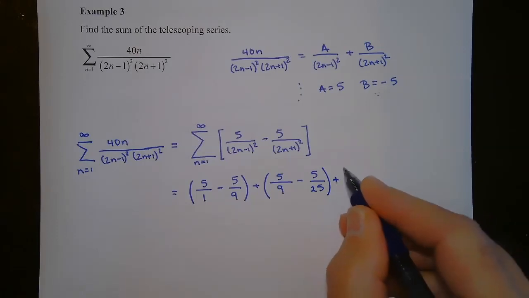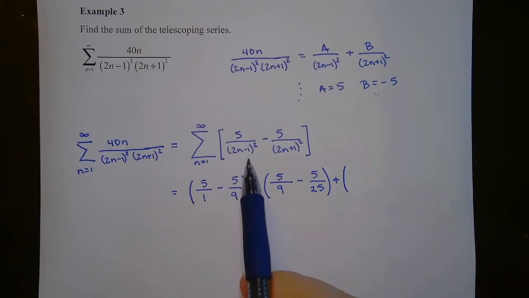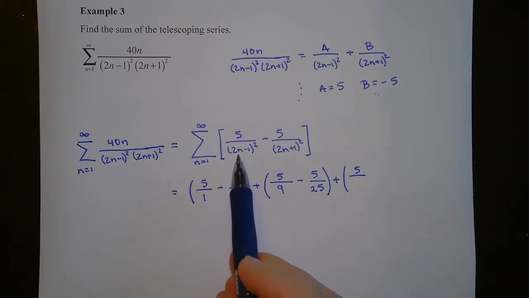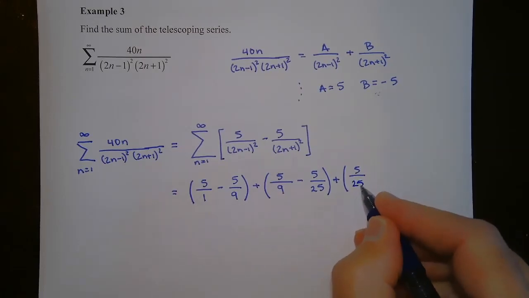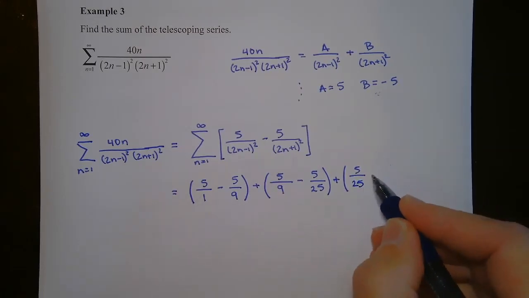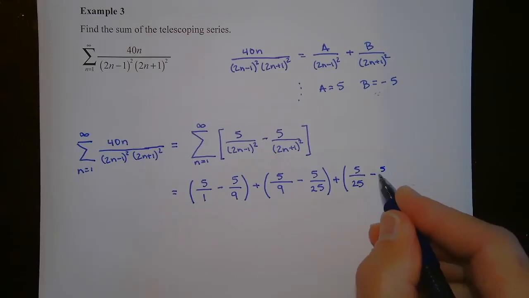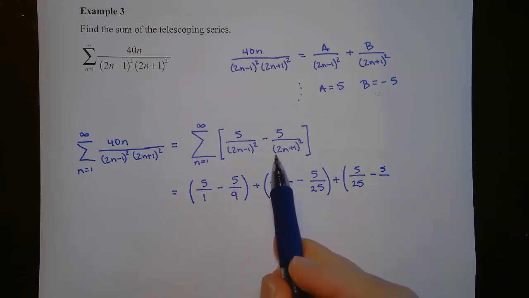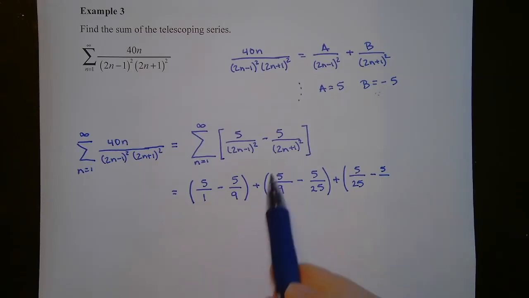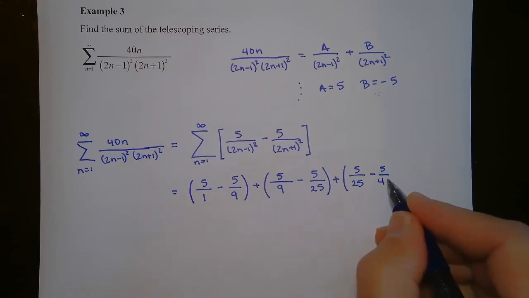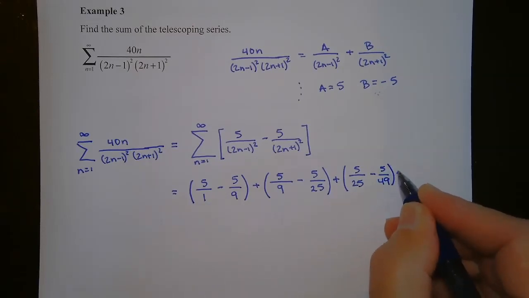Then plus, we put 3 in: 5 over 2 times 3, which is 6, minus 1 is 5, 5 squared is 25. Then minus 5 over 2 times 3, which is 6, plus 1 is 7, 7 squared is 49. Plus dot, dot, dot.